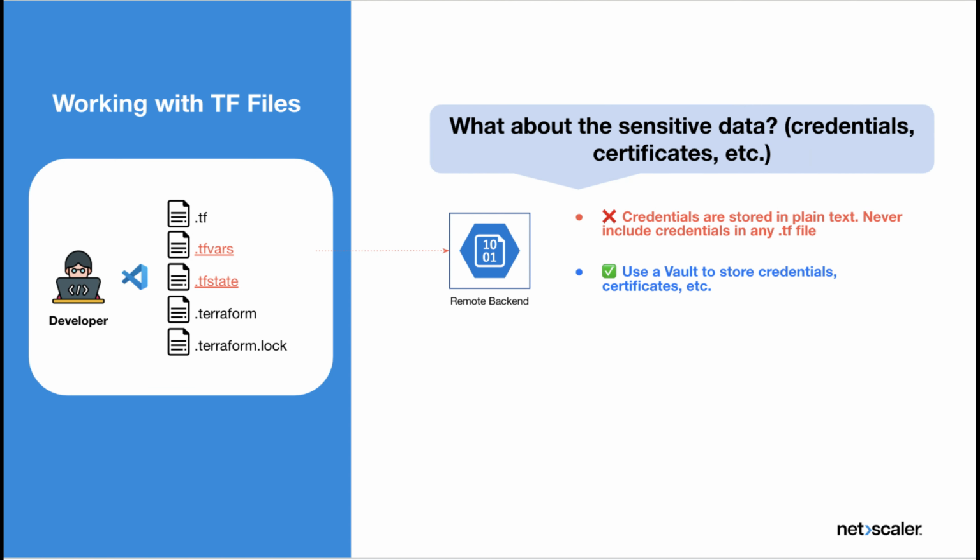One last thing to note here, and this is something that we get asked all the time by our customers, is that even when you are encrypting a TF-state file, the credentials that are part of the TF-state file itself are in plain text.